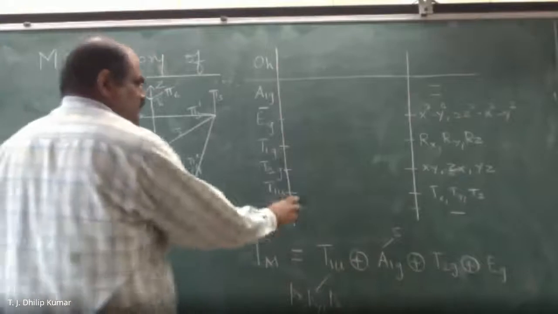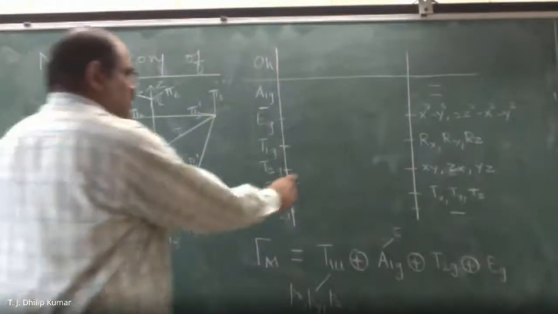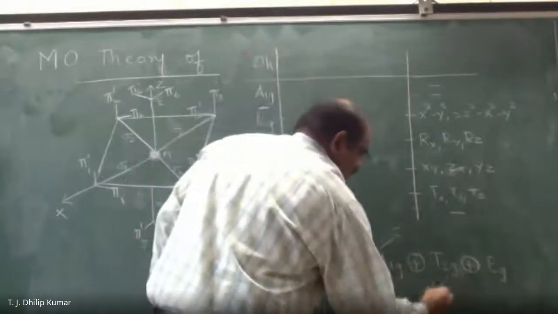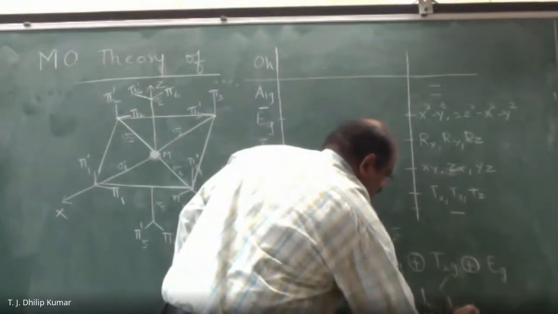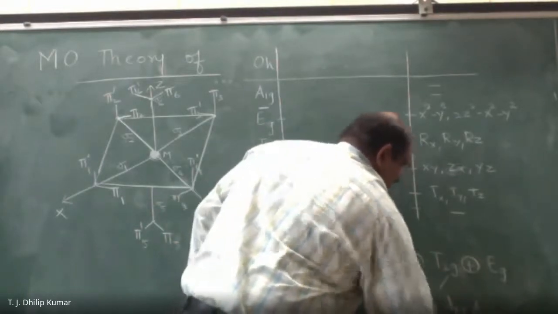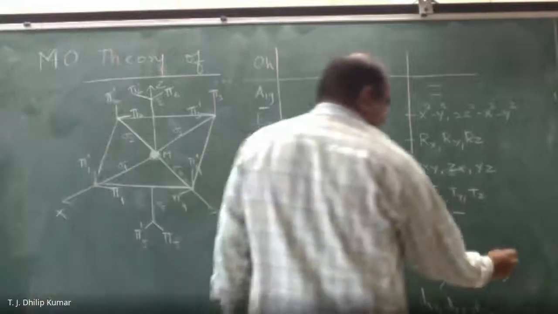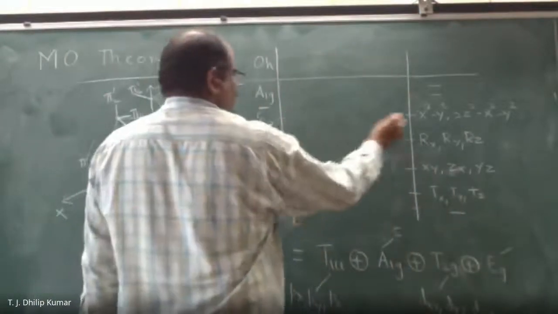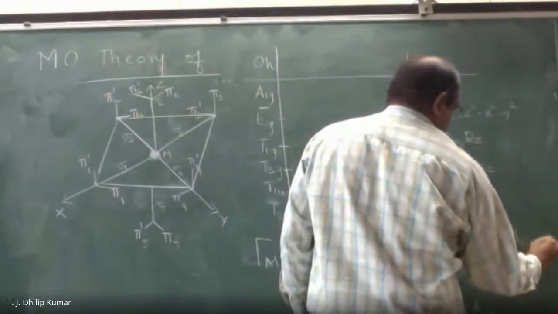T2g is xy, yz, and zx, so it is basically dxy, dyz, and dzx. These three orbitals have T2g symmetry in the metal, and Eg is here.